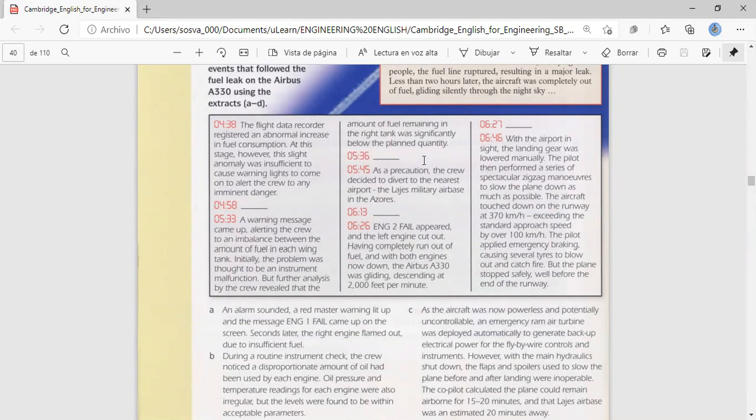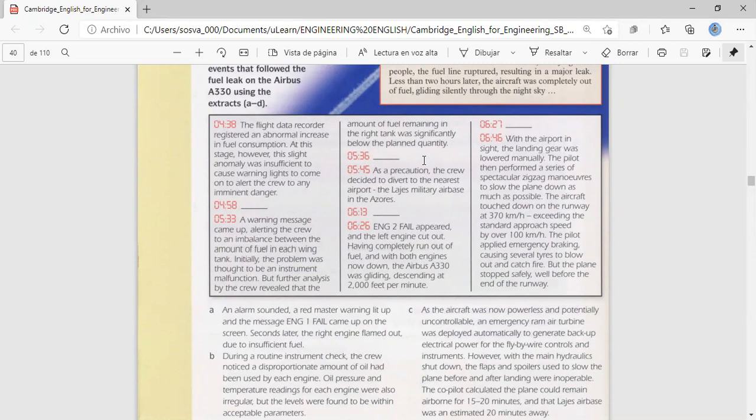So at 4:38, the flight data recorder registered an abnormal increase in the fuel consumption. At this stage, however, this slight anomaly was insufficient to cause warning lights to come on to alert the crew to any imminent danger.